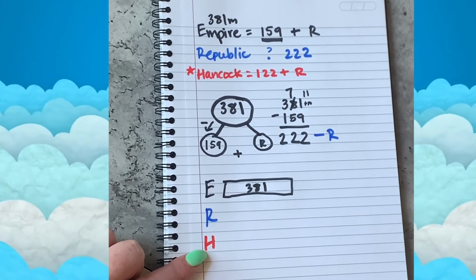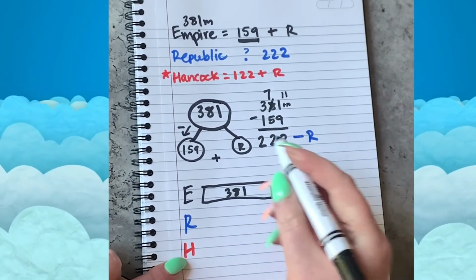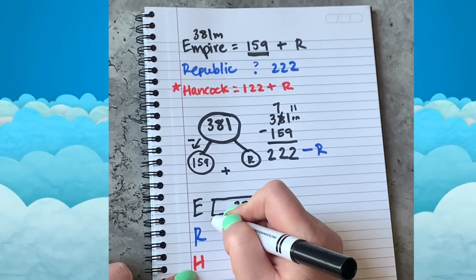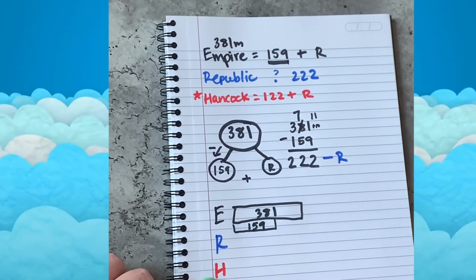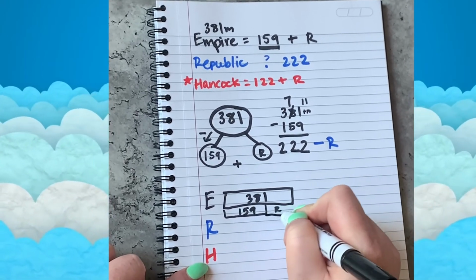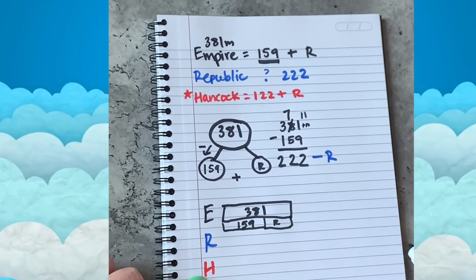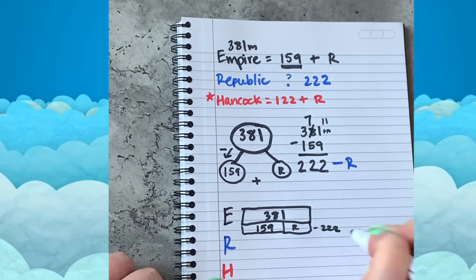So this 381 was equal to 159 and the Republic Building, which we know is now 222.